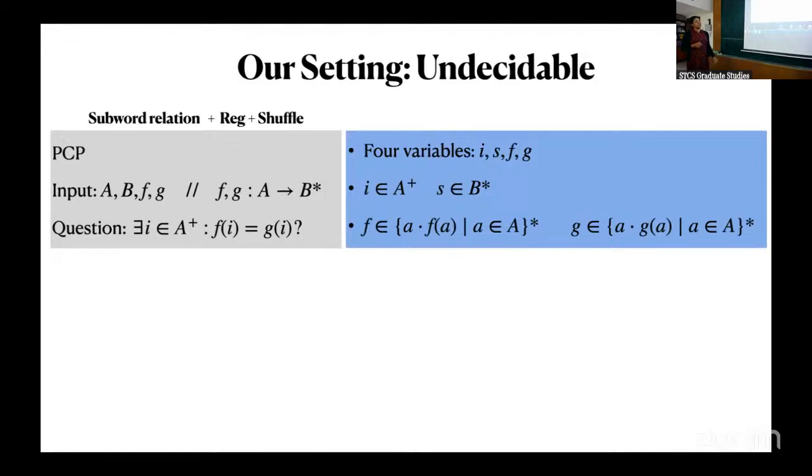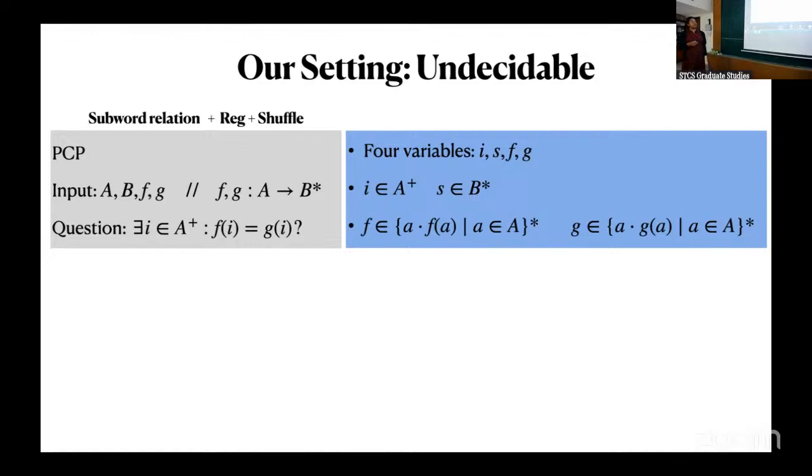The reduction will just use four variables. I will use the same variable I, because if it is satisfiable, I want that I to be this particular sequence, which is going to make this f of I and g of I. And this S is going to be the value of that thing, f of I or g of I, the solution. And then f and g are some extra variables which are supposed to indicate these functions.